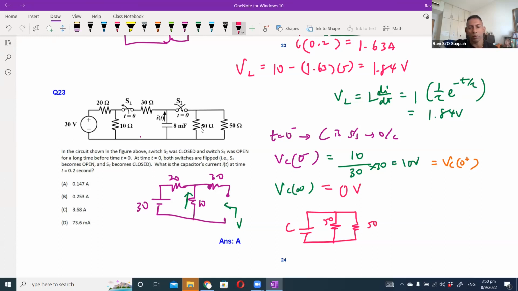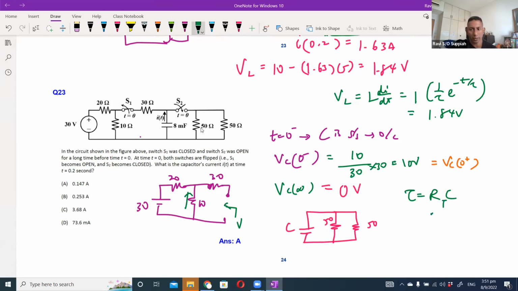Before we move on to the expression, the next thing we need to be mindful of is the time constant, which is RC. Always remember this R is the Thevenin equivalent resistance.